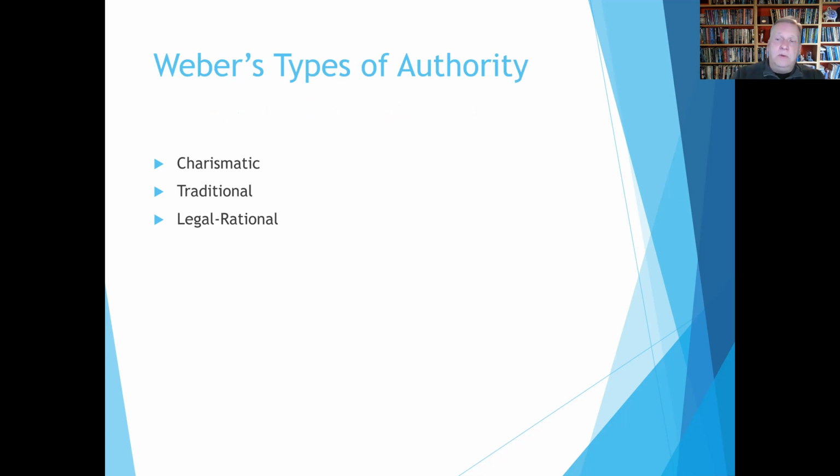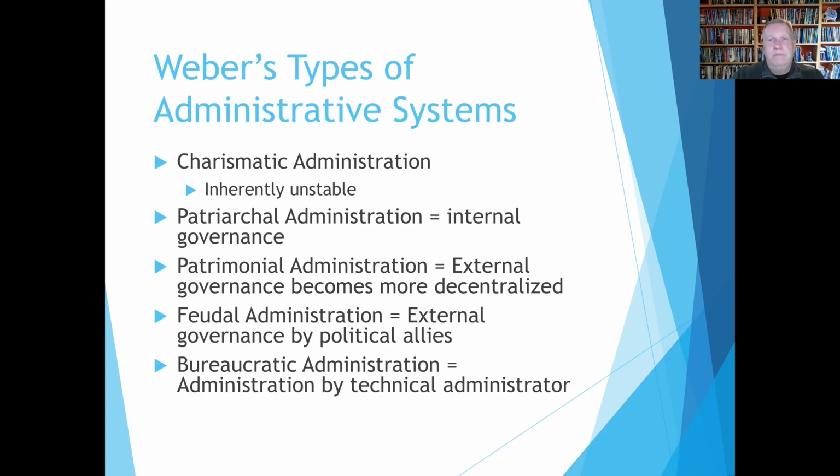Weber introduces us to 3 different types of authority: charismatic authority, traditional authority, and a legal rational basis for authority.